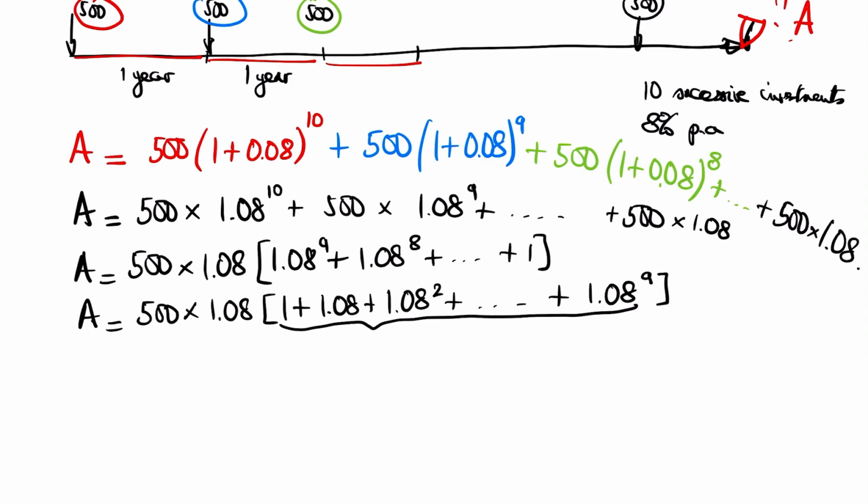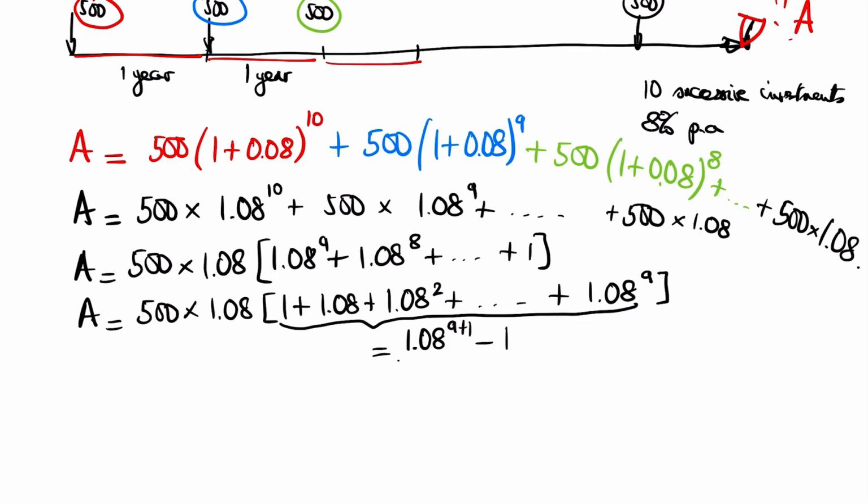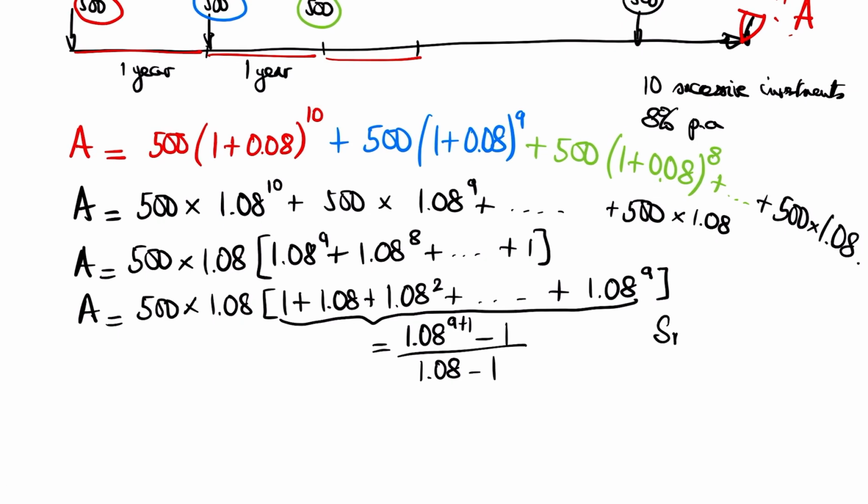So therefore, the sum of this series is equal to (1.08 to the power of n minus 1) over (1.08 minus 1). So n here is 9 plus 1, because there are 10 terms. As you remember, the sum Sn of such a series is (r to the power of n minus 1) over (r minus 1).